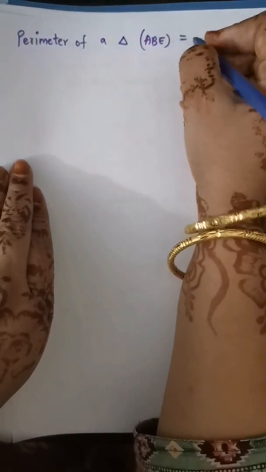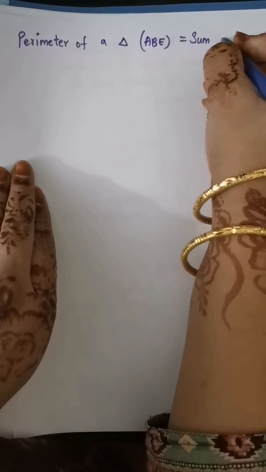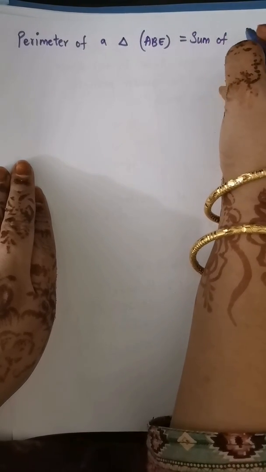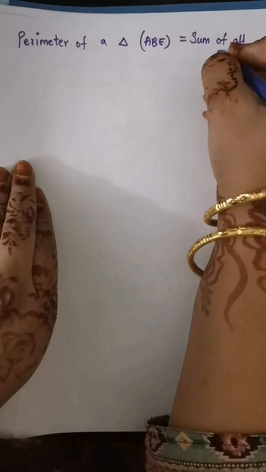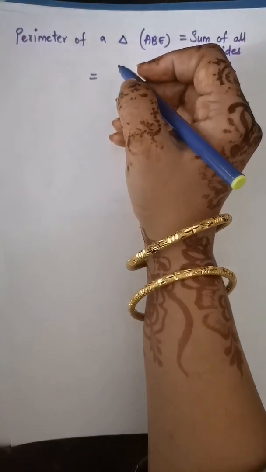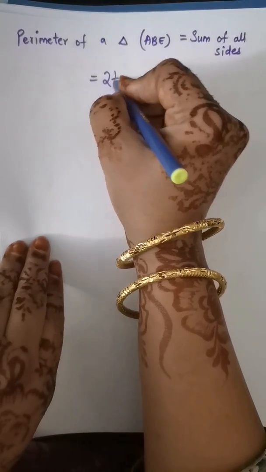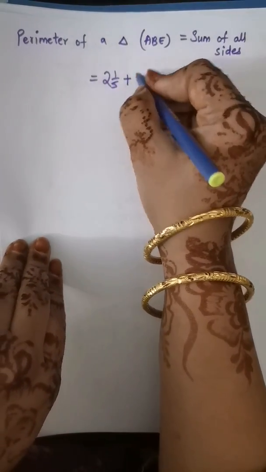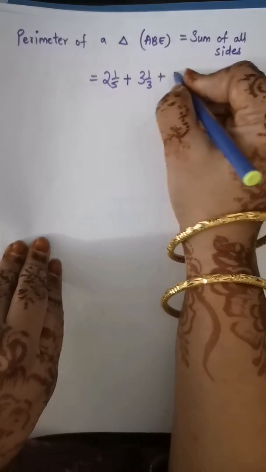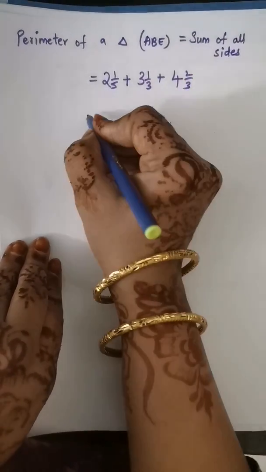ABE is equal to, perimeter of triangle is sum of all sides. Sum of three sides or sum of all sides. The sides are 2 1 by 5 plus 3 1 by 3 plus 4 2 by 3.